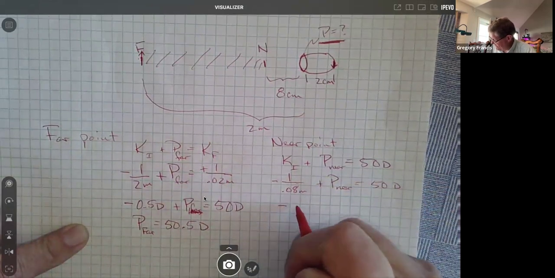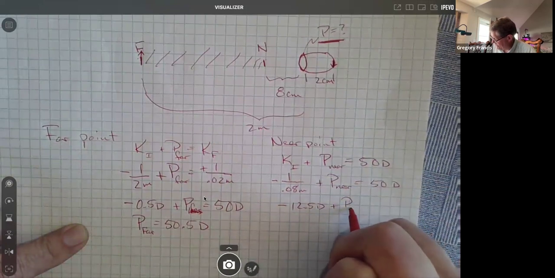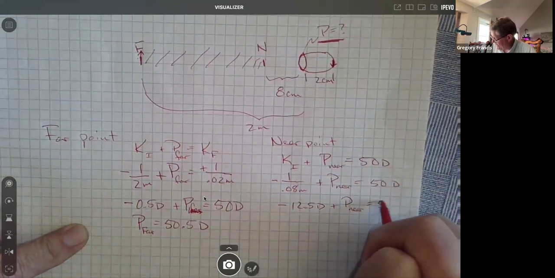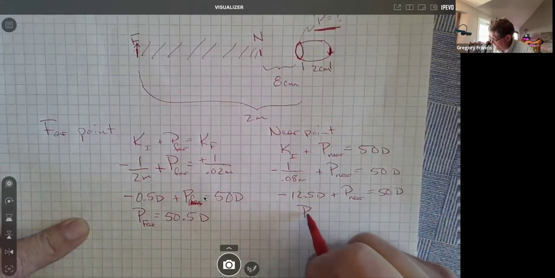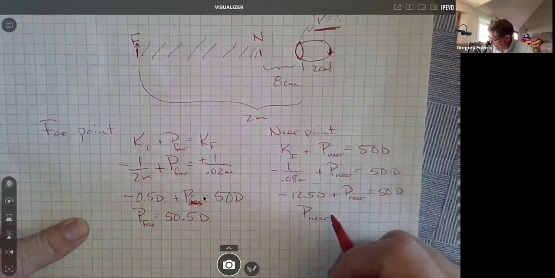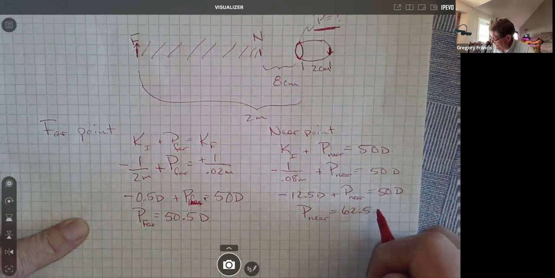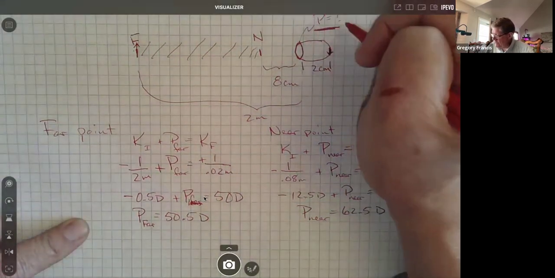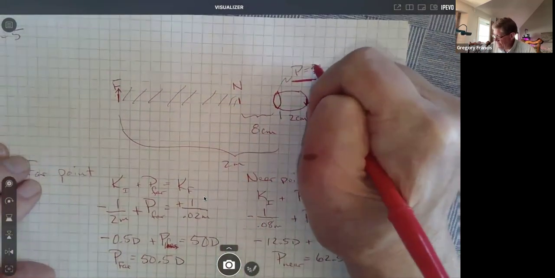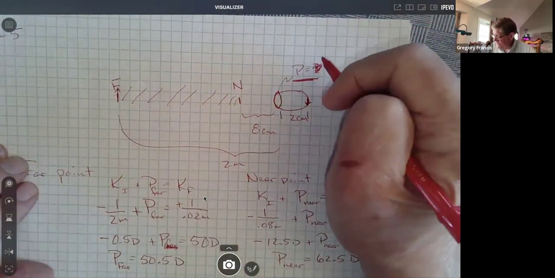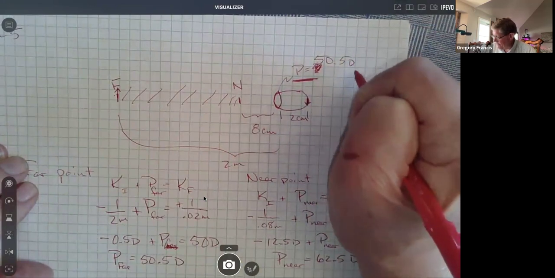Well, this gives me a negative 12.5 diopters plus P near is equal to 50 diopters. Well, if I solve for P near, I'm going to get 62.5 diopters.